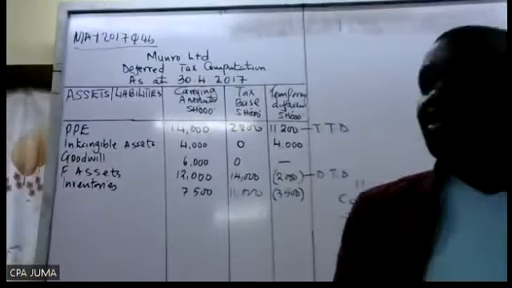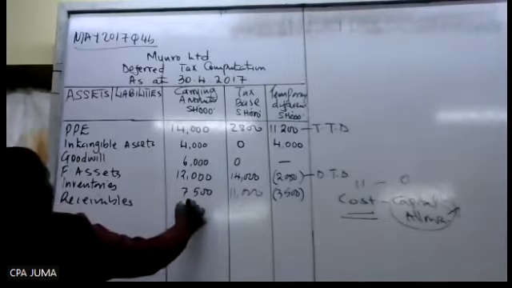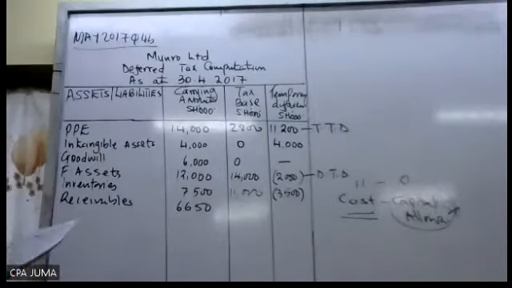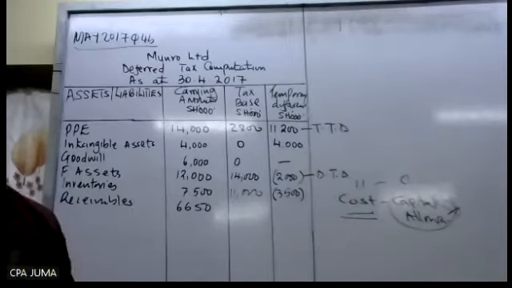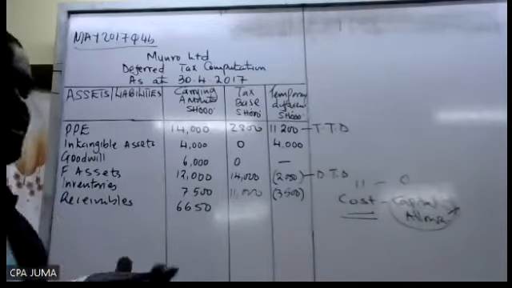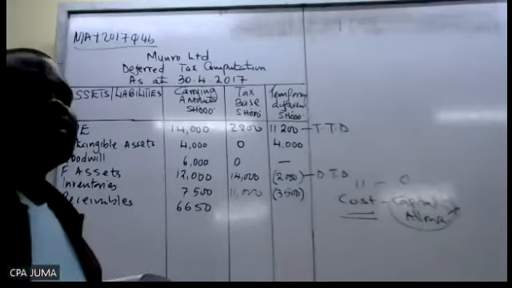Receivables 6650. Note number. Which note? Note 6. Check note 6.